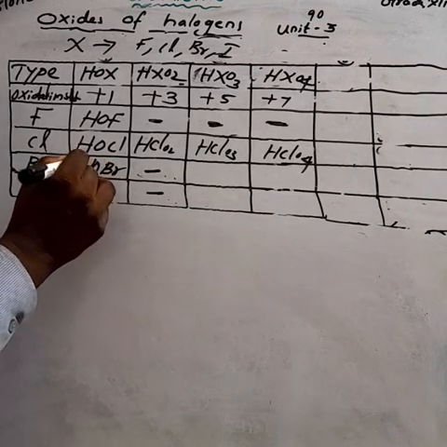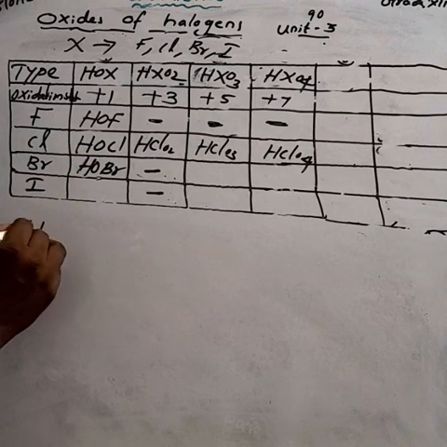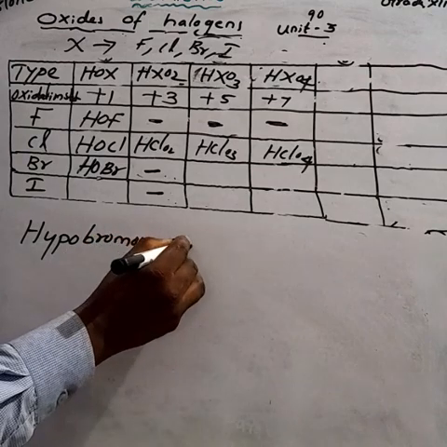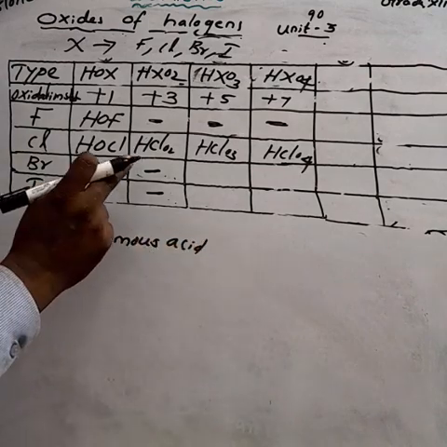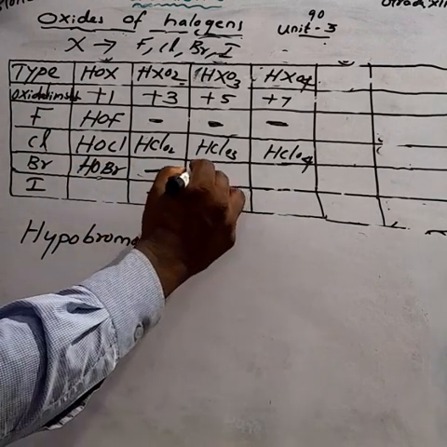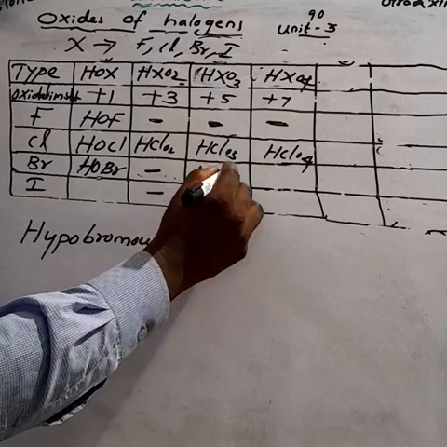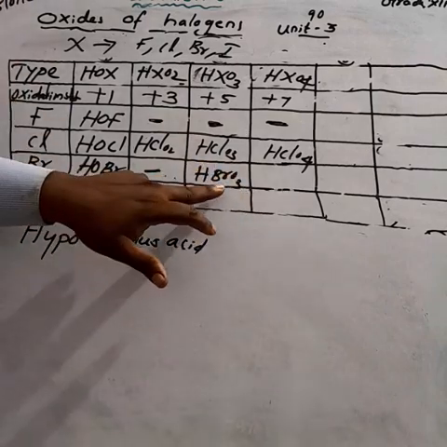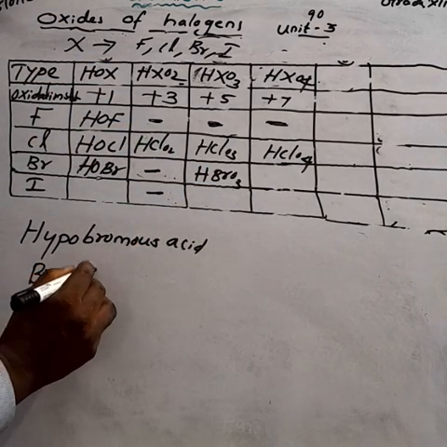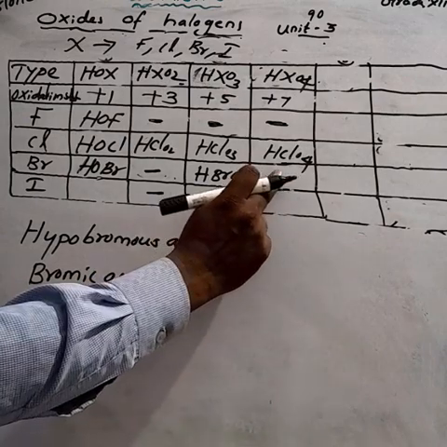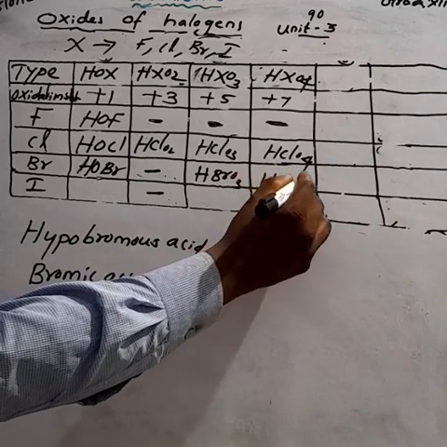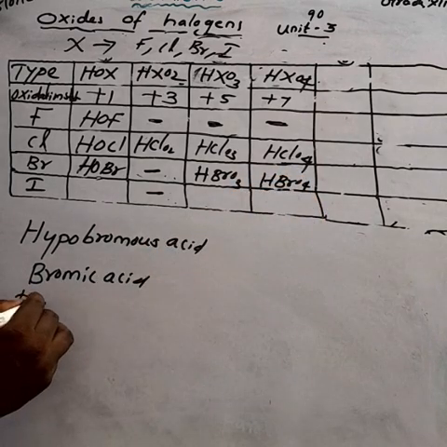The name of the compound is hypobromous acid. Bromine cannot form HXO2. Bromine can form HXO3, that is HBrO3. What's the name? Bromic acid. The last one, HXO4 type, is HBrO4, perbromic acid.